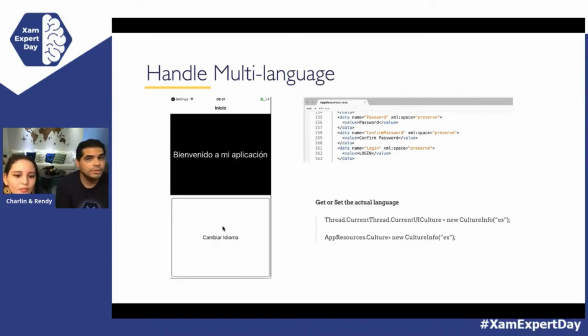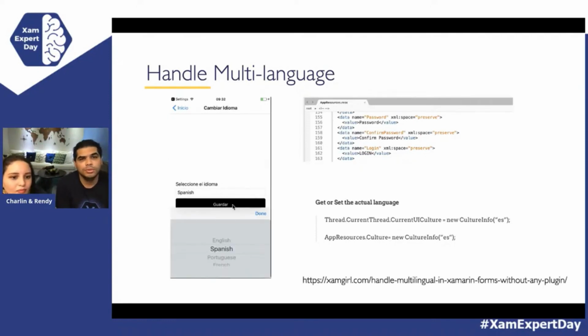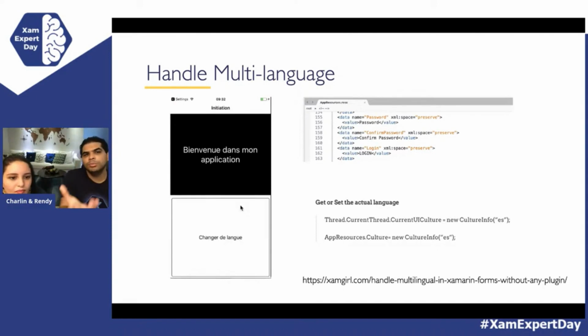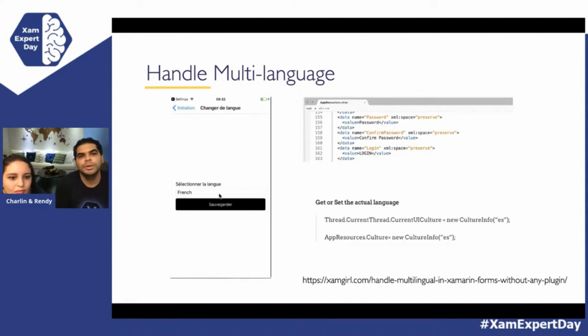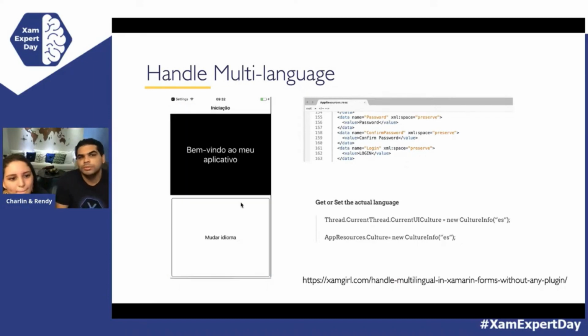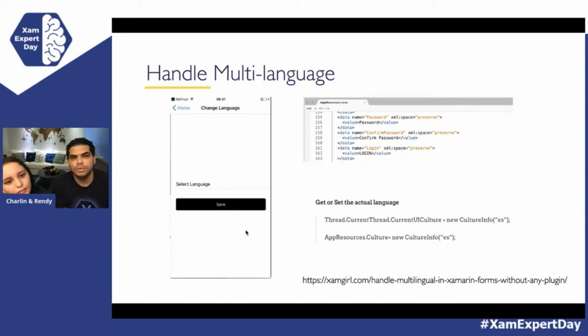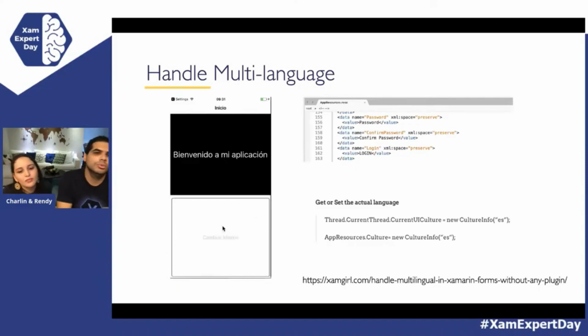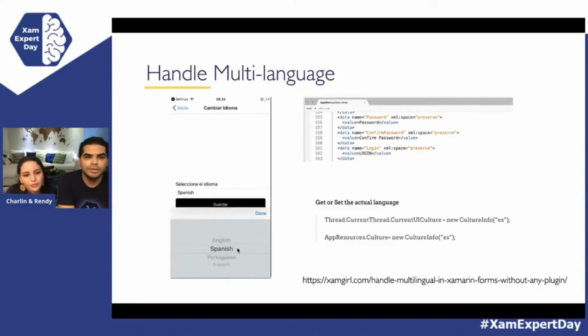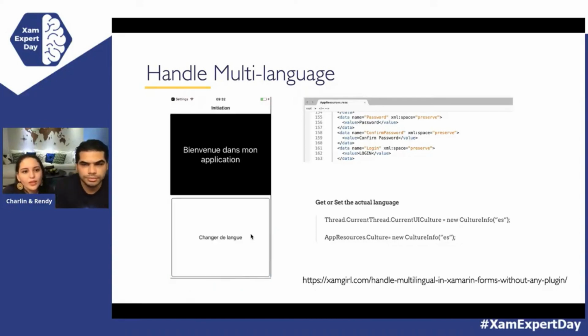Also, it provides a really nice experience to the user, because many users, if their language is available, will prefer to use the app in their native language. Some users might have their phone in Spanish, others in English, or even in German. So if you can adapt your app to the language of the system, the user will have a very great experience.